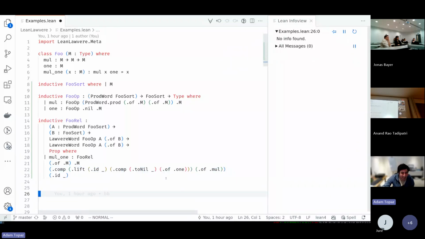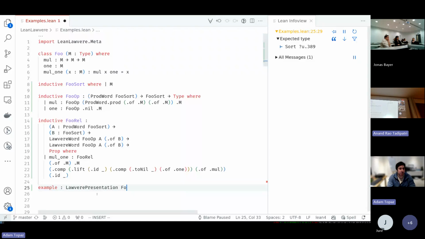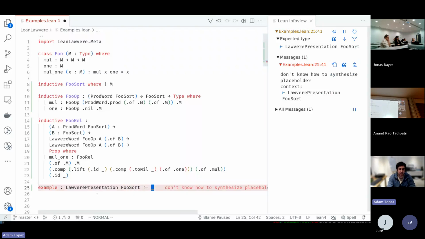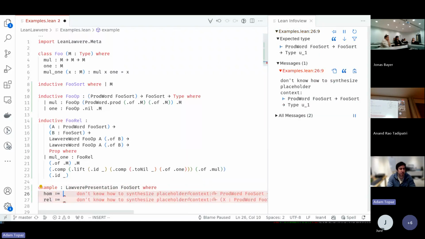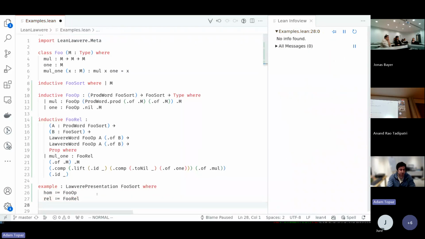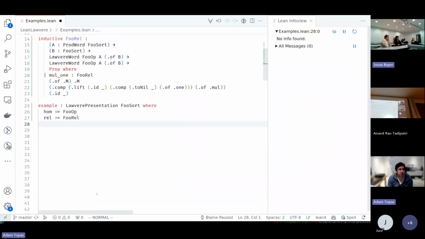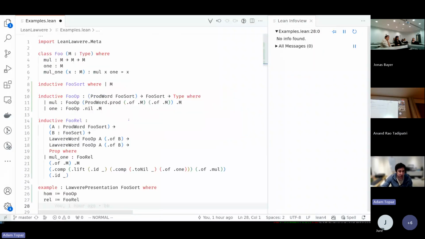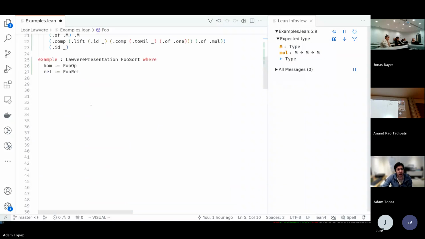It's a bit tedious to write such things down. But then we can quite easily construct a Lawvere presentation on foo sort, where ham is foo up and rel is foo down. So this is the Lawvere presentation associated to this class in some sense.